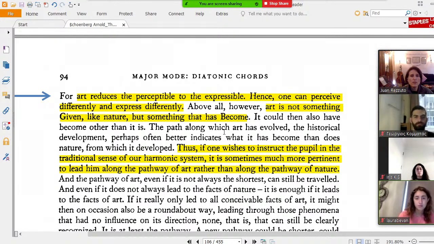The path along which art has evolved, the historical development, perhaps often better indicates what it has become than does nature, from which it developed. Thus, if one wishes to instruct a pupil in the traditional sense of a harmonic system, because it's a system after all, it is sometimes much more pertinent to lead him along the pathway of art rather than along the pathway of nature.